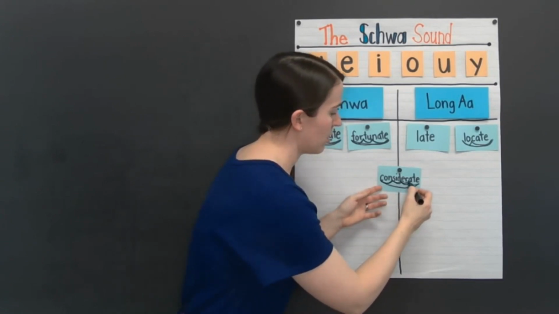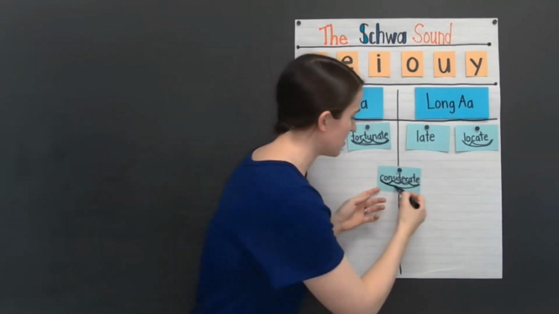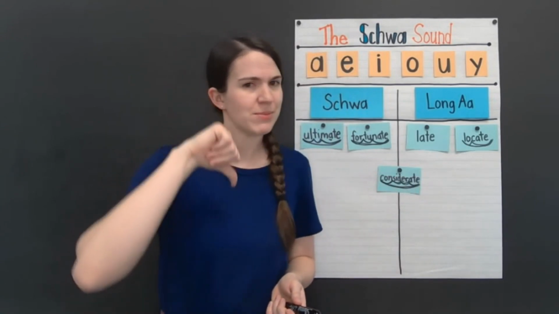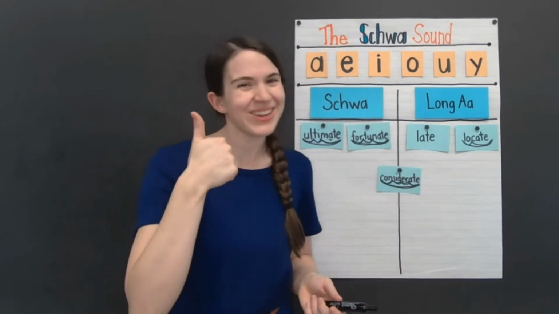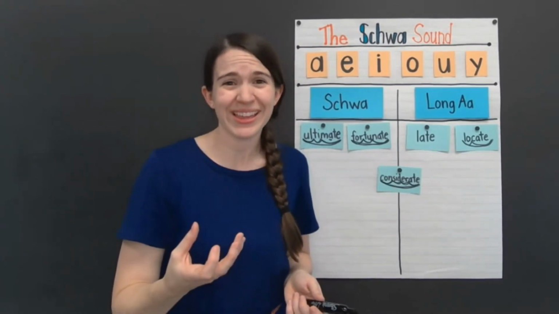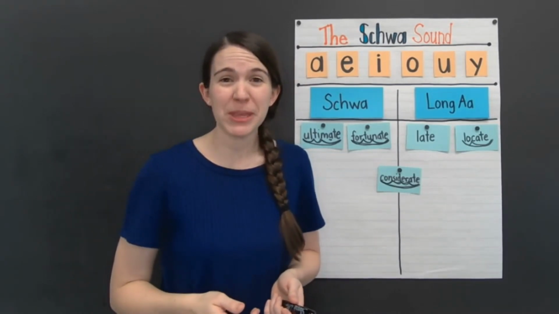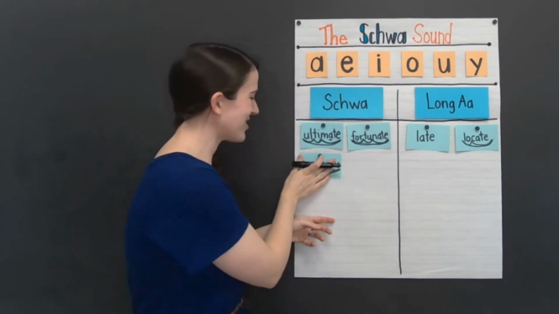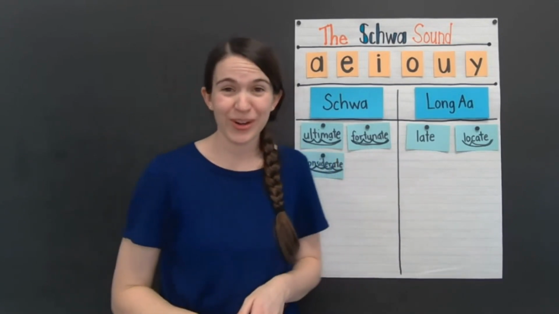Considerate. Thumbs up if that sounds like a real word. Thumbs down if it doesn't. Considerate is a real word. It means that you're showing that you're kind by thinking about other people. Considerate. We had to use the schwa sound to read these words.